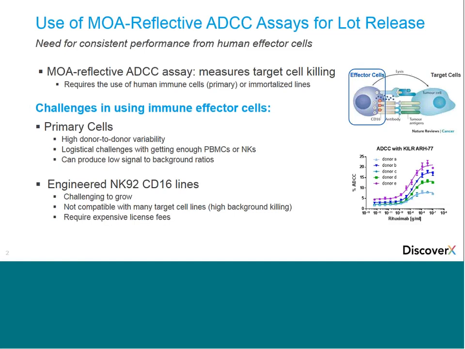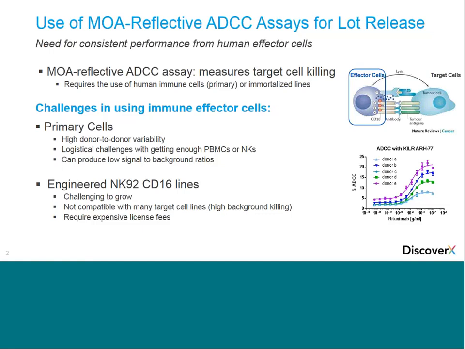So some labs have gotten around these issues with primary cells by resorting to using engineered NK92 cell lines that overexpress CD16, the Fc gamma receptor required for ADCC. However, as many of us know, these particular cell lines are very challenging to grow.